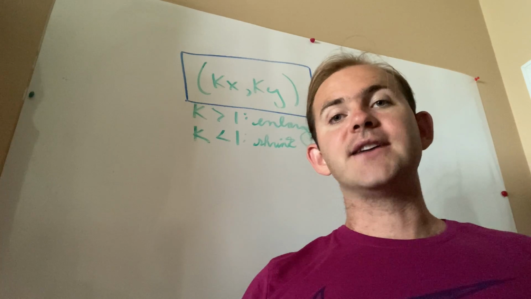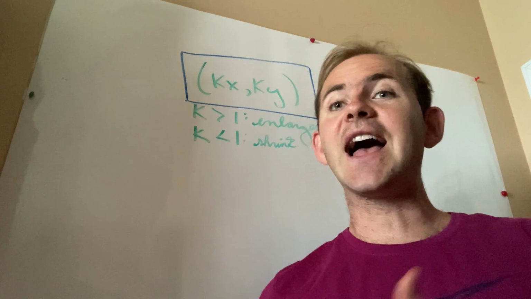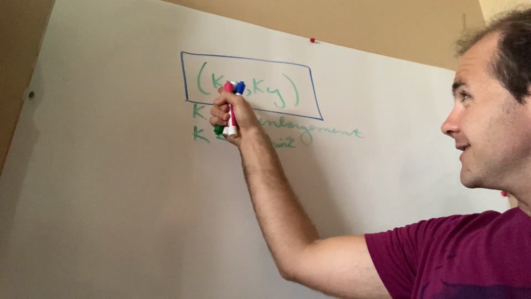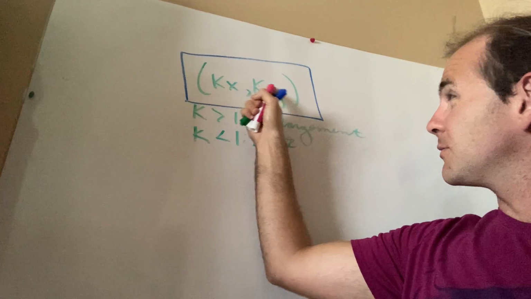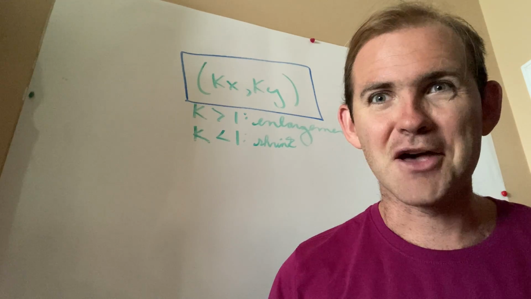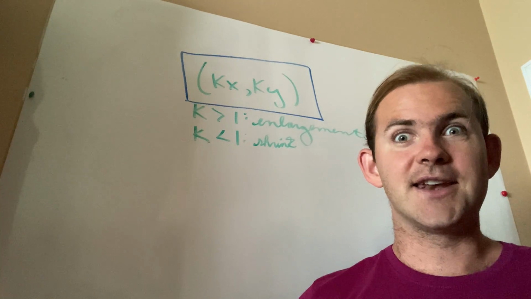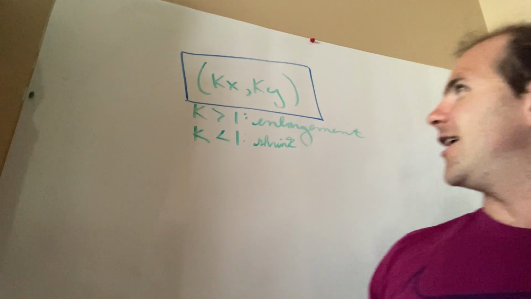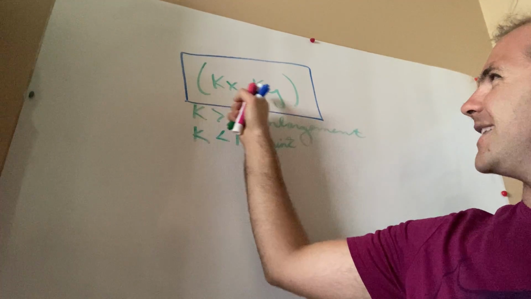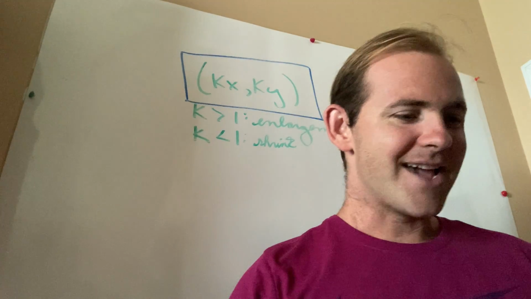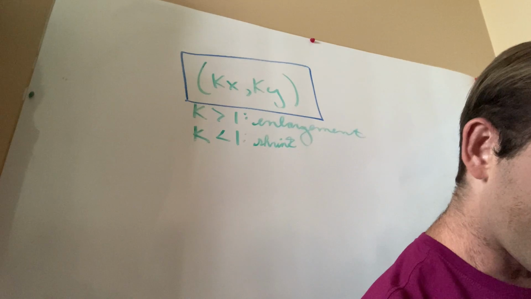They're going to ask me to find the new coordinates after a dilation. Well, guess what? What that means is that all I do is I take the original x and y and I just multiply it by the scale factor. Let me say that again. To perform a dilation with center of dilation at 0, 0, all I do is I just multiply all the x's and all the y's by the scale factor, okay?